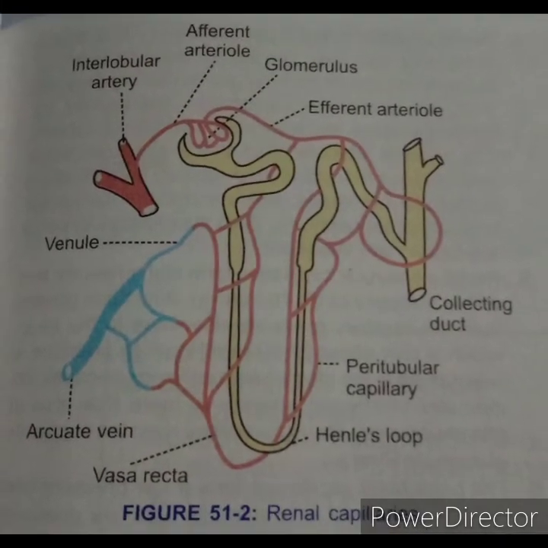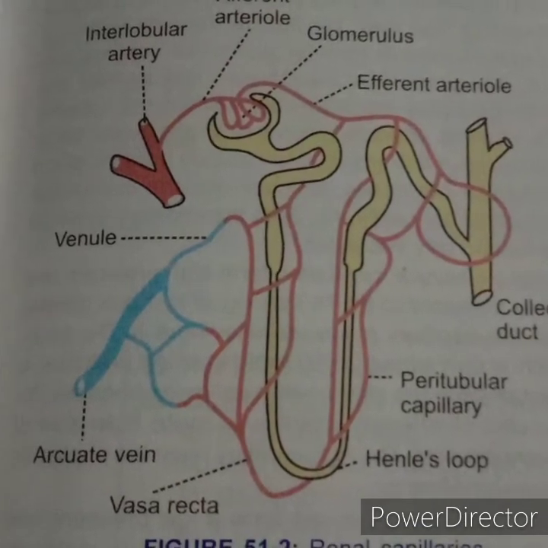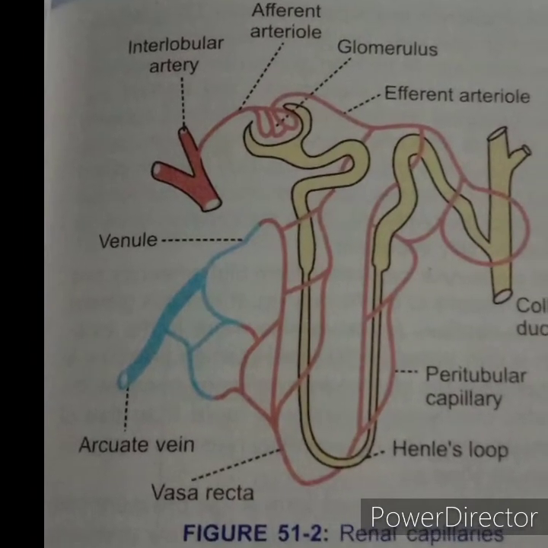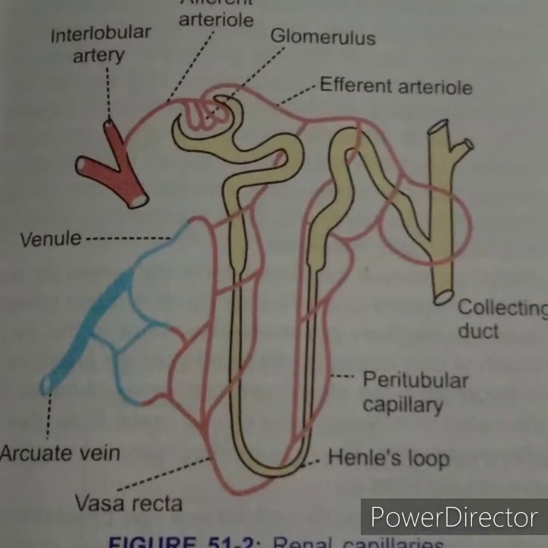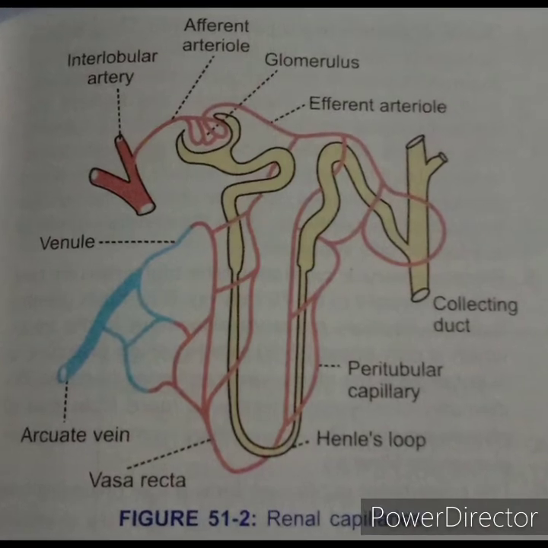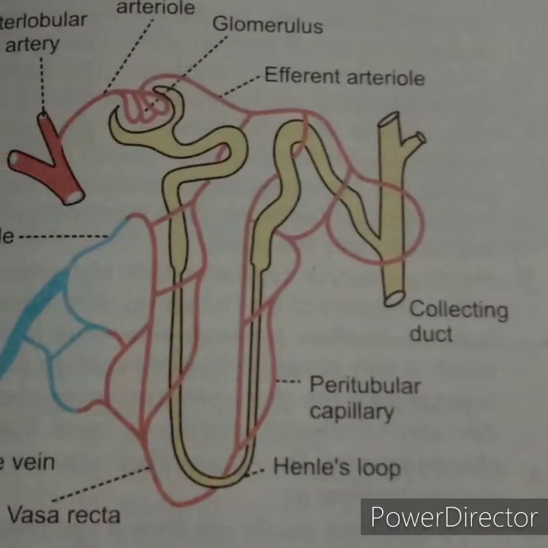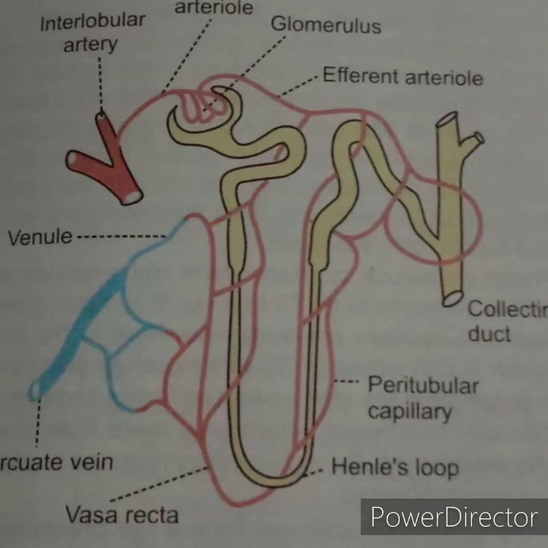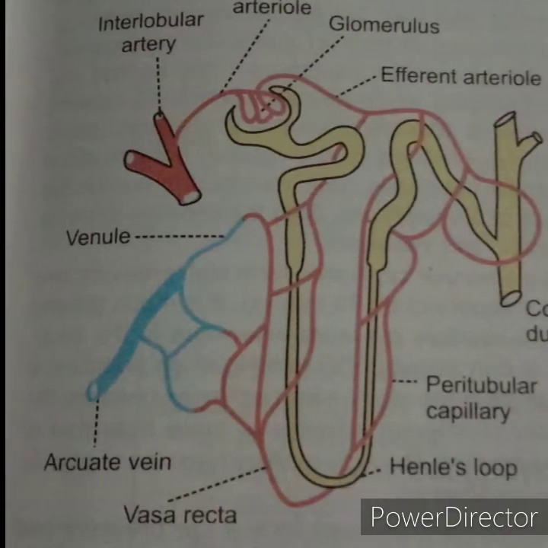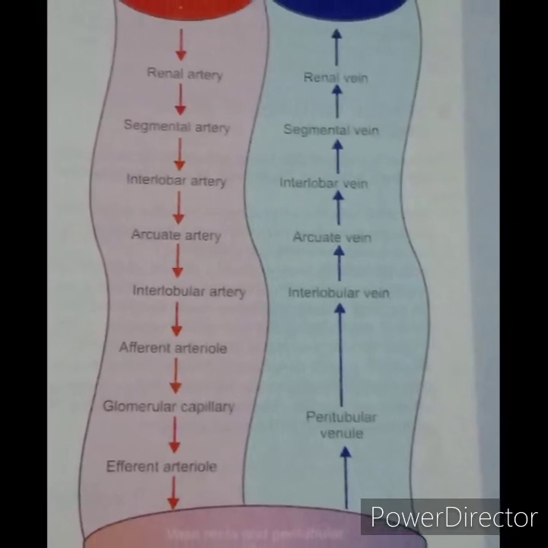Fifth point, renal glomerular capillaries form high pressure bed with a pressure of 60 to 70 mmHg. It is much greater than the capillary pressure elsewhere in the body, which is only about 25 to 30 mmHg. High pressure is maintained in the glomerular capillary because the diameter of afferent arteriole is more than that of efferent arteriole.